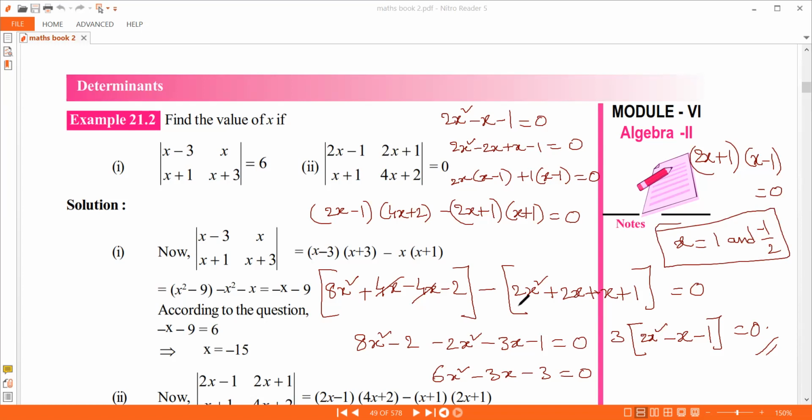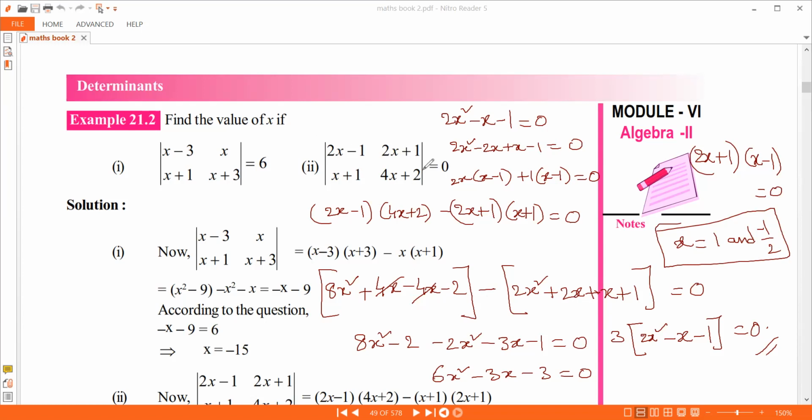These are the values of x for which the determinant goes to 0. The determinant going to 0 means they can ask you for what values of x this particular matrix is a singular matrix. That's how the question can be generated. So what you have to do is equate the determinant to 0.